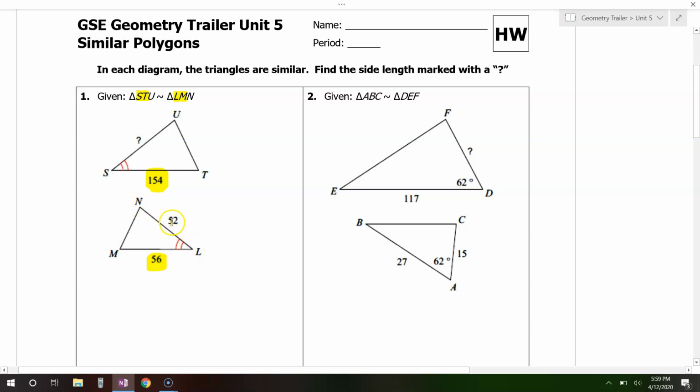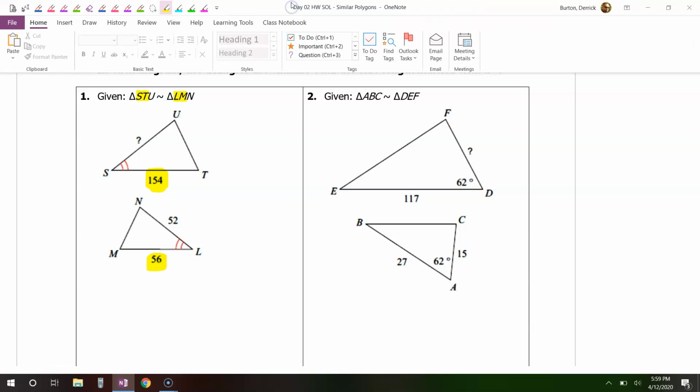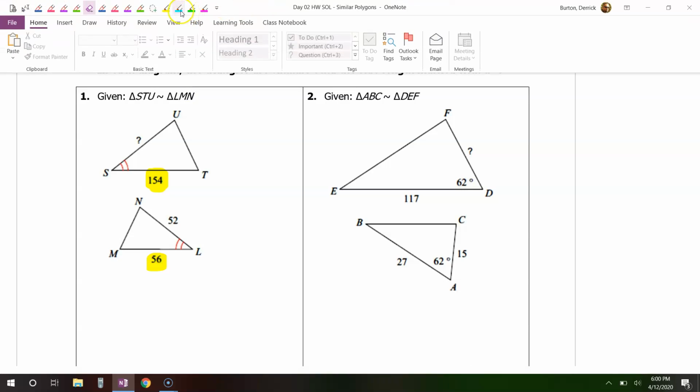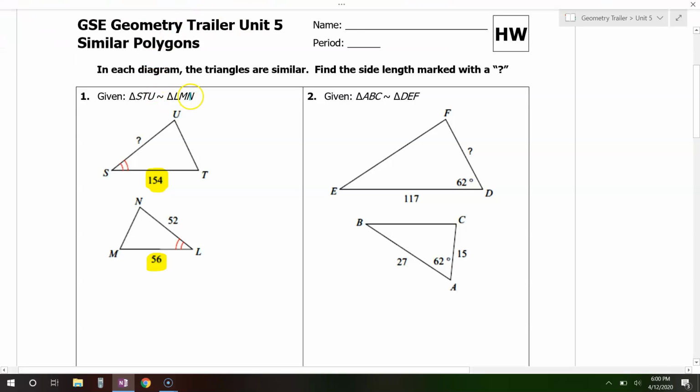Because I see we have a number over there. Okay, so side NL, I better erase these marks so I can show you what I'm talking about. Here is NL, kind of the beginning and end here. So that's going to correspond with SU. So NL corresponds with SU.